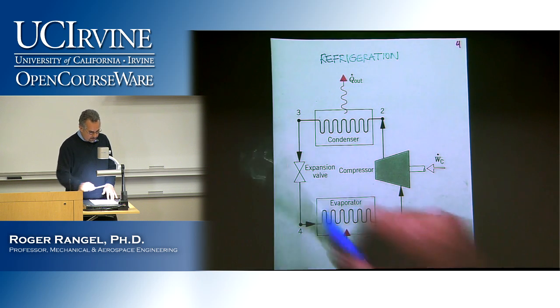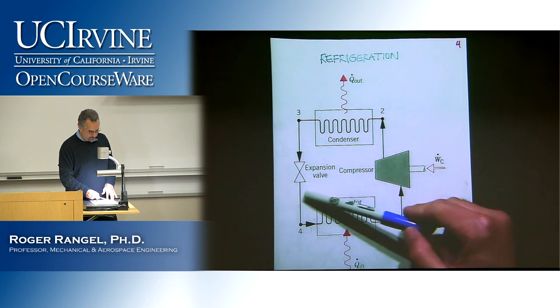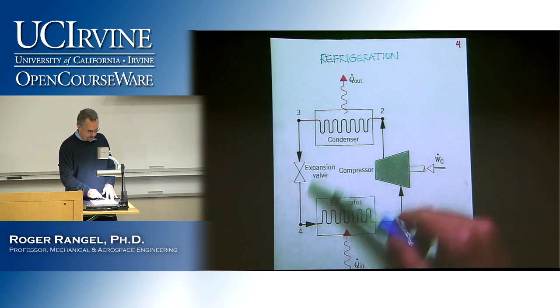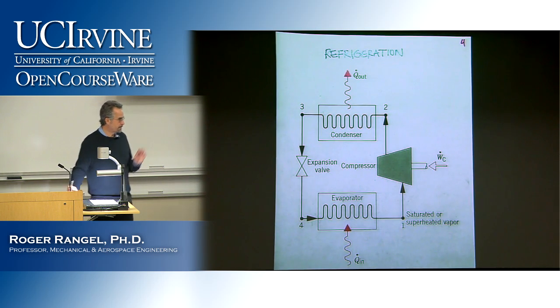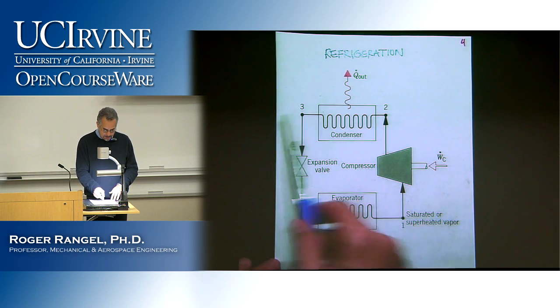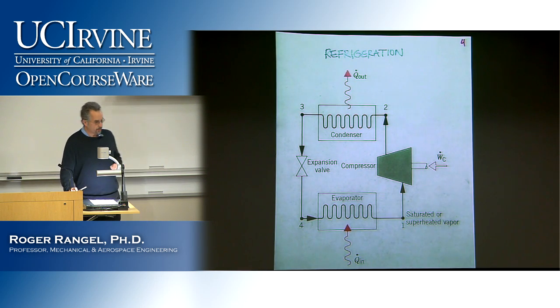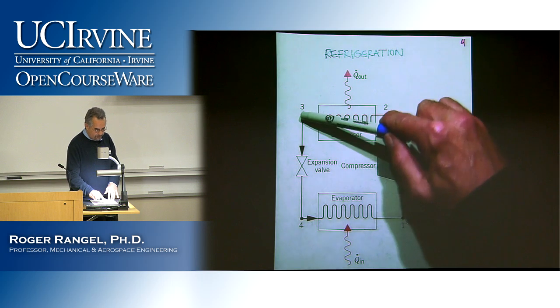So remove heat, leave the condenser now as a liquid, and then go through an expansion valve. Purpose of this valve is to drop the pressure. That's the main purpose of it. So it will drop the pressure from the high pressure in the condenser to the low pressure in the evaporator. So we come out at 4 at a low pressure. This was a liquid here.